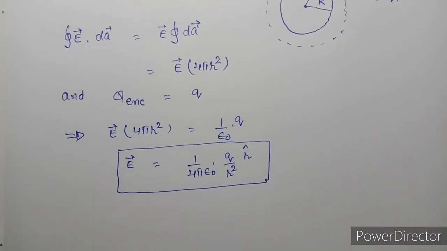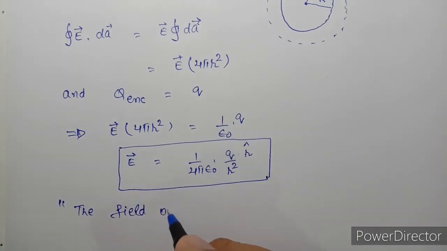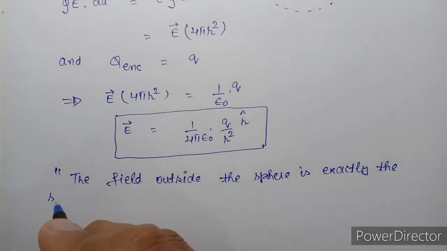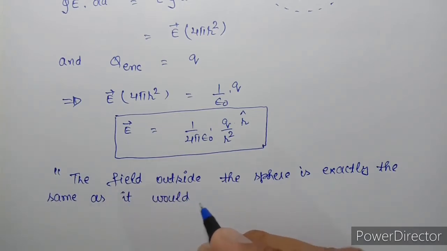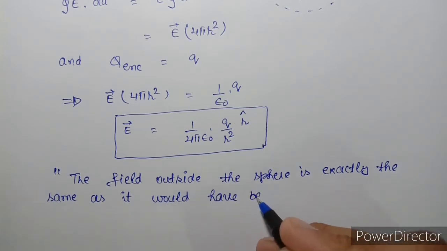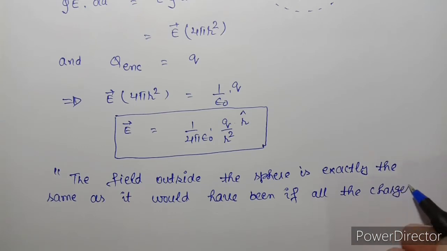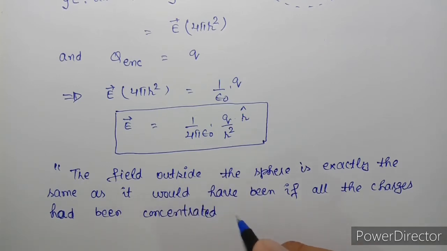So this electric field, the field outside the sphere, is exactly the same as it would have been if all the charges had been concentrated at the center.